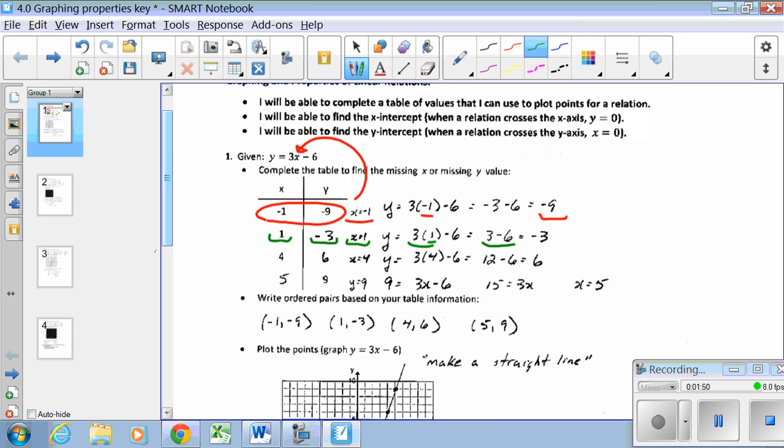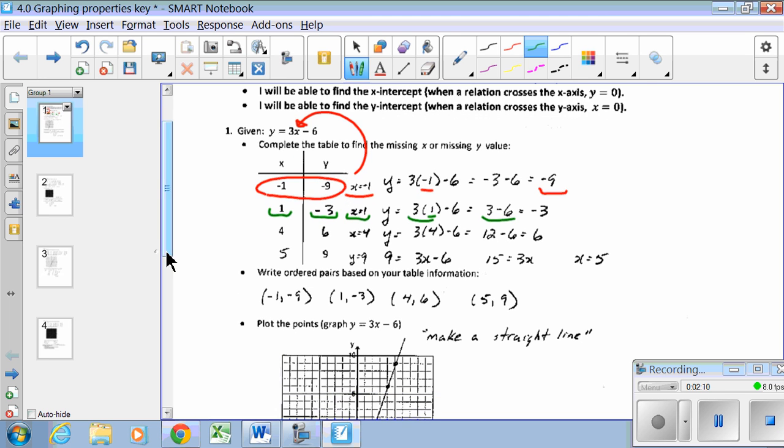So that's why when I put 1 in, I get -3. I could have picked -1, I could have picked 0, 2, 5, or a million. I just picked some random numbers, to show you the skills that we need to be able to plot points, and from plotting points, we can draw an equation.